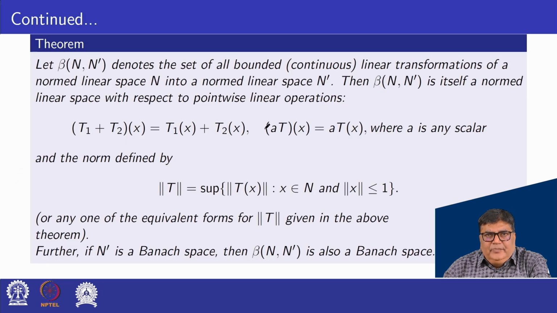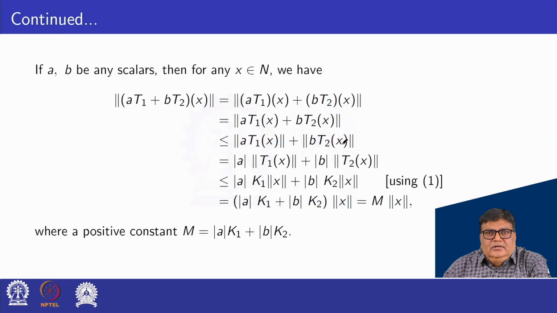Again, as per the definition, (aT)x is equal to a T x. Now this is two terms under the norm, so we apply the triangle property of norm.